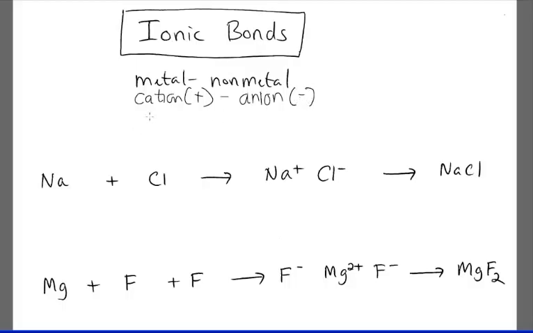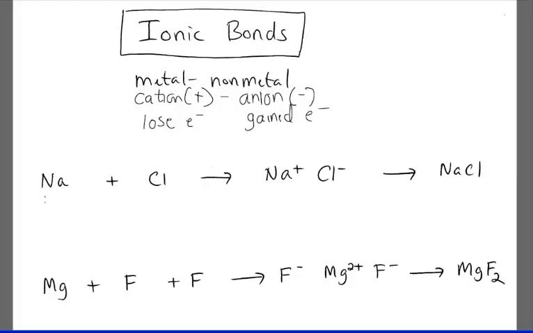In order to become a cation, the metal had to lose electrons. It is positively charged because it has the same number of protons in its nucleus, but it has lost electrons, so the overall charge is now positive. The anion, to get there, has gained electrons.